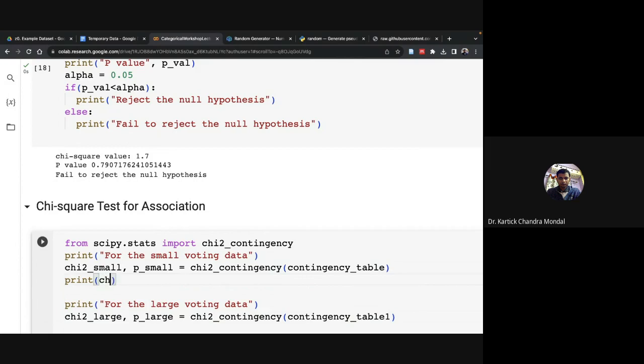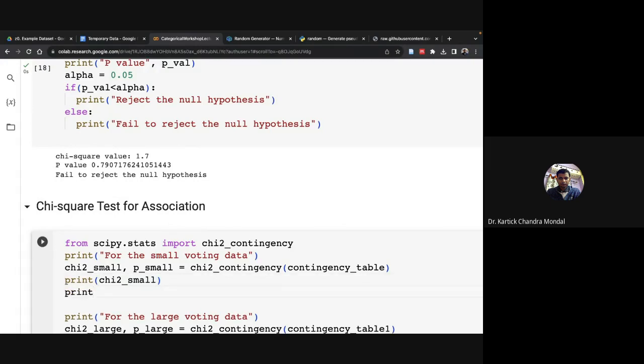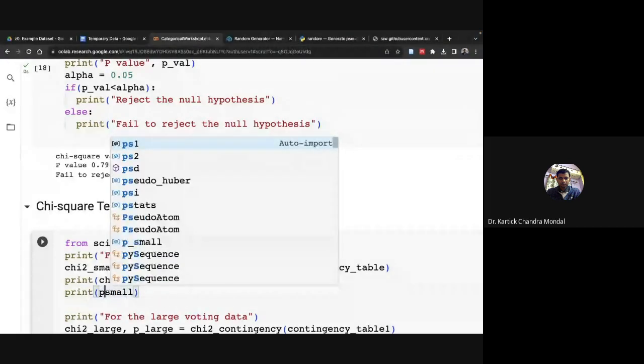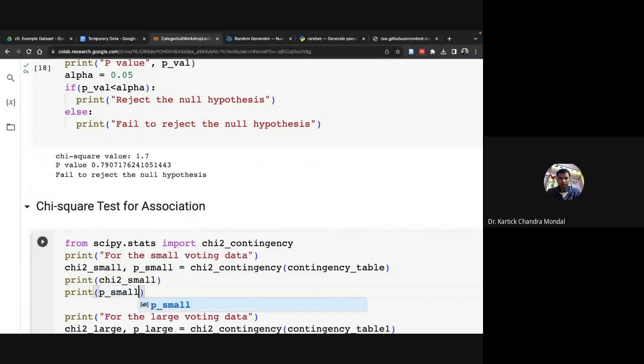Print chi2 small, and then print p small.